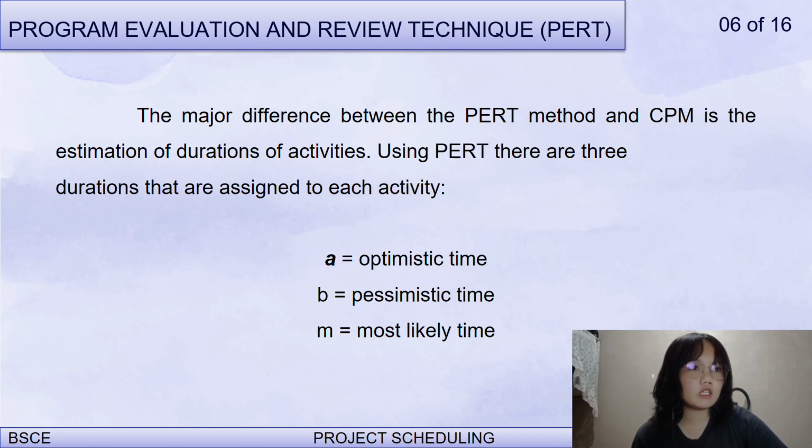It is important to note that the optimistic time and the pessimistic time may not deviate the same amount from the most likely time. In simple mathematical terms, A and B may not be symmetrical about M.